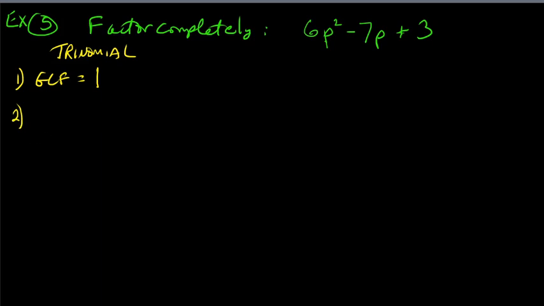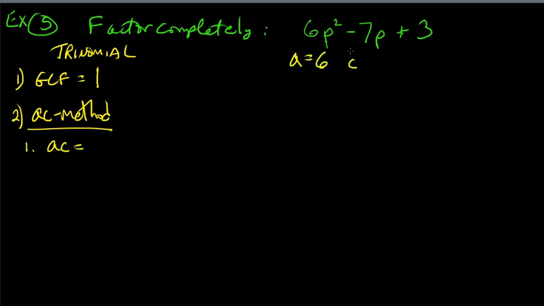Now what? Well, we know there's 3 terms. It's a trinomial. But 6 and 3 are not perfect squares, and 6 is not 1. So this is the AC method again. It does come up a lot, so make sure you know the AC method. All right, so step 1 of the AC method is to multiply A times C. So let's write down what A is.